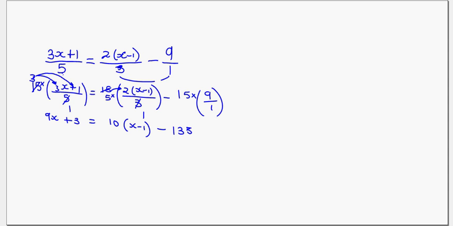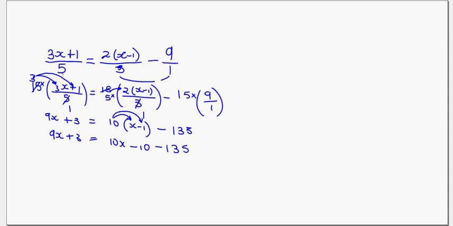So what do we do next? Let's work out the 10 times x minus 1 as the next step. So let's write back the 9x plus 3 equal to 10 by x is 10x. But don't forget you also have to say 10 by minus 1 too. So that would be minus 10, minus 135.